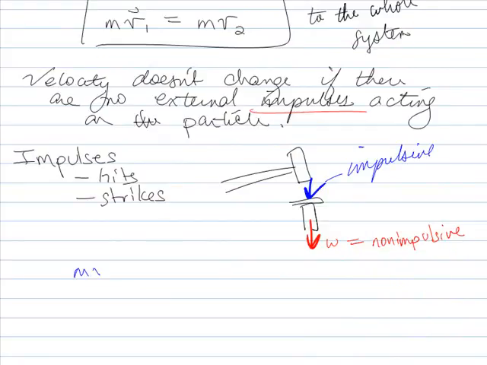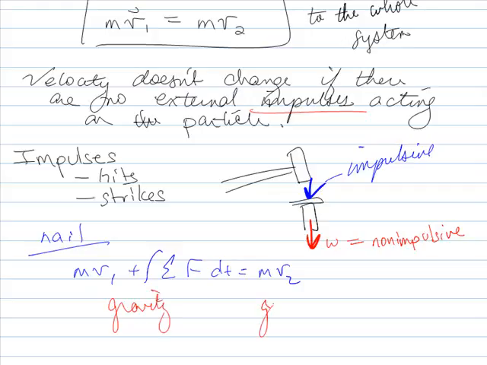So if I was going to look at this equation here, if I was just looking at the nail here, I would say, well, I have gravity over here, and I have gravity over here, but I only have the pounding, the strike.